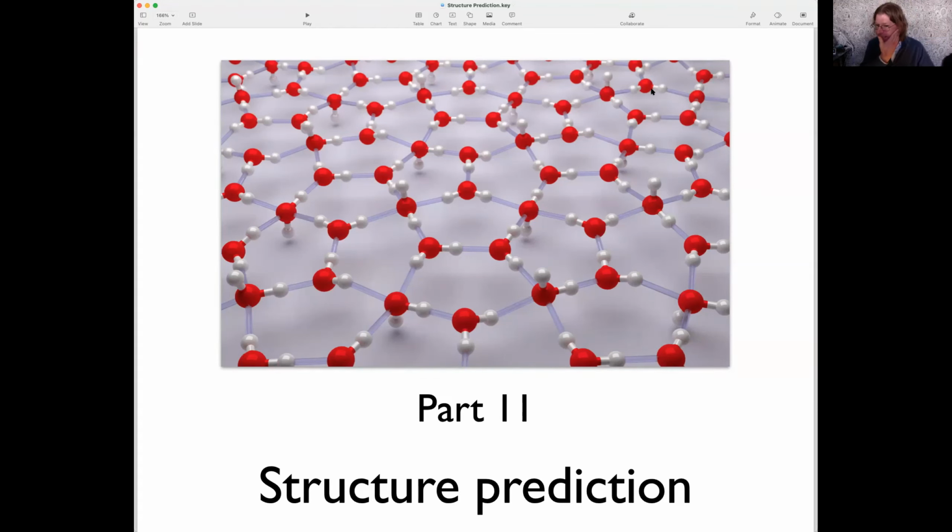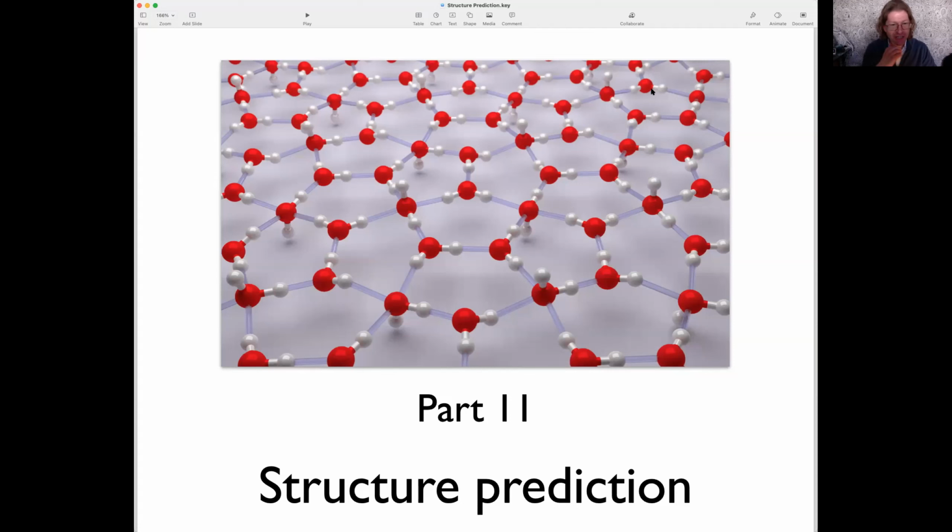Okay, so this next section is structure prediction, and it's something I've actually been involved in myself in developing a lot of the methodologies that are used at the moment to do first principles structure prediction.